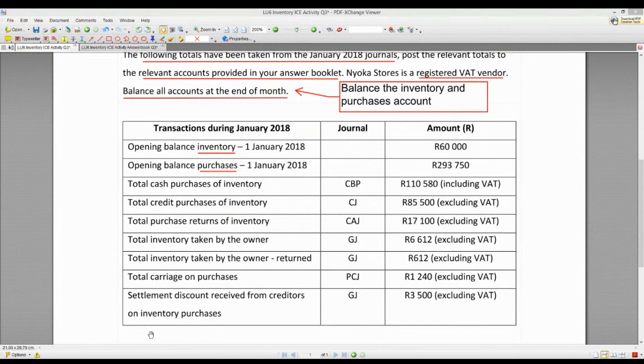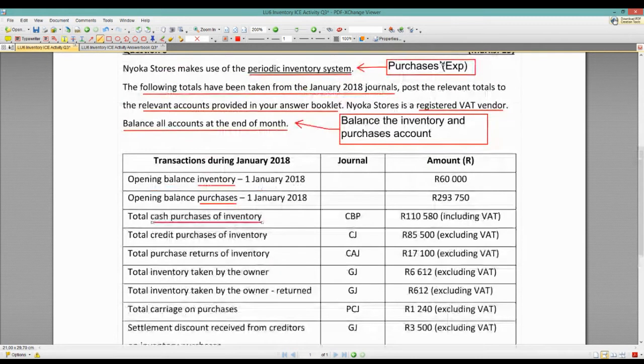So if we look at total cash purchases of inventory, because we have the periodic inventory system, we know that purchases of inventory go to the purchases account and not the inventory account. This is what I've said here at the beginning. If you missed that, you would have taken this to the inventory account and completed the inventory account, whereas the purchases account is actually what you need to complete.